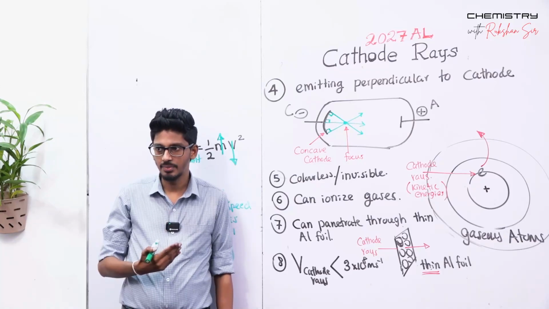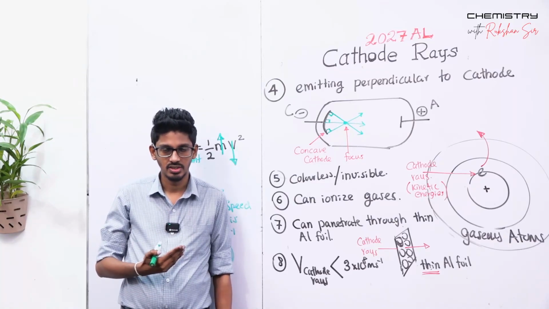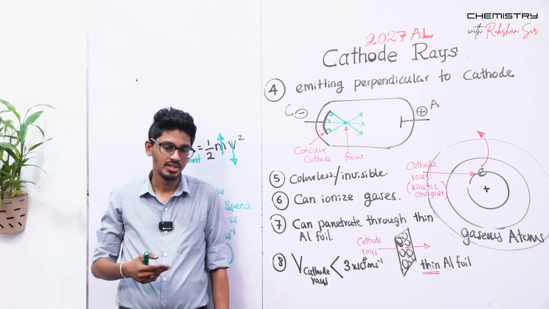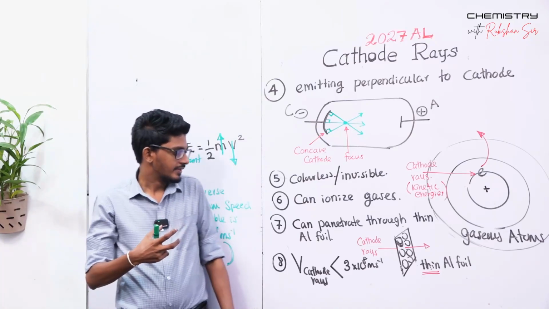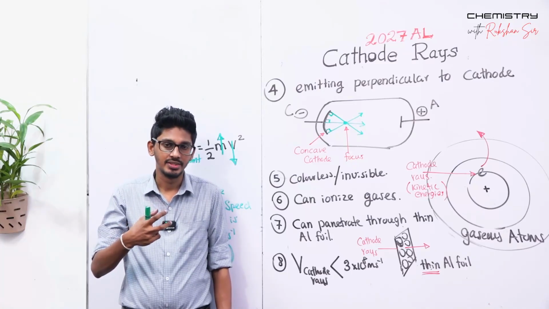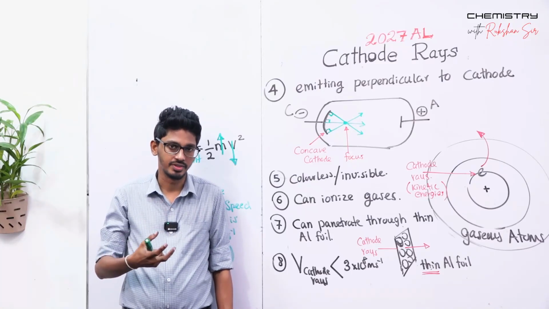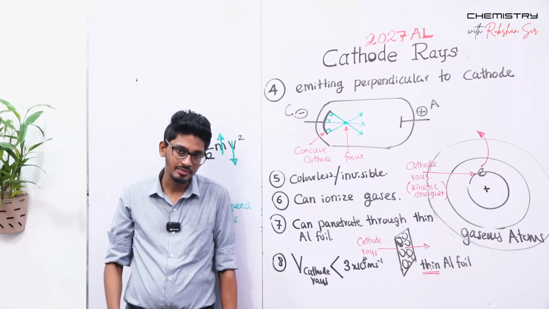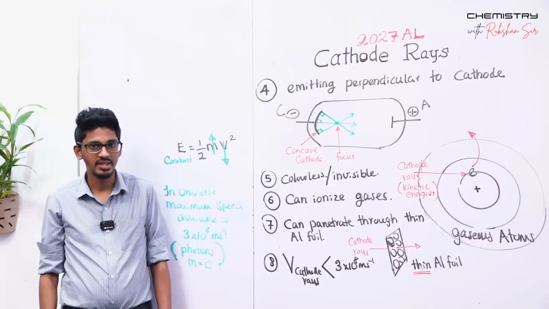But in your A-level paper, in your A-level question, there could be a statement like, the maximum speed of protons is less than the speed of light. Such a statement can be there.